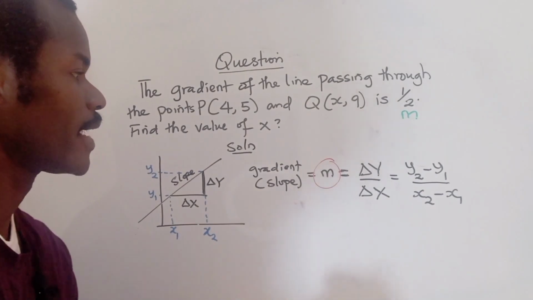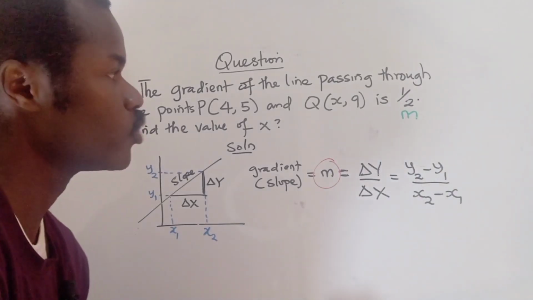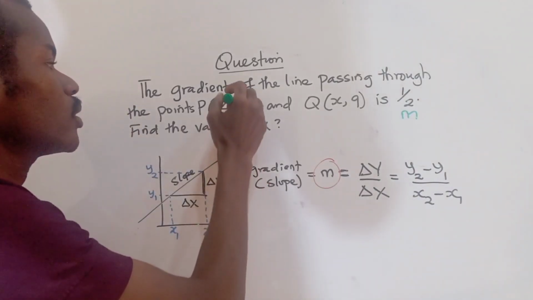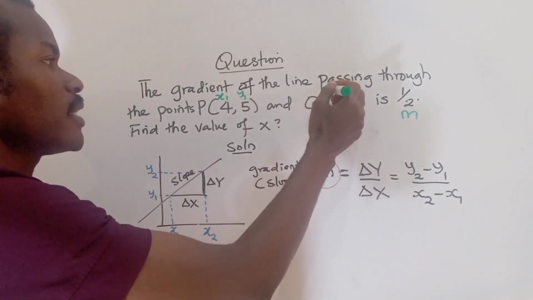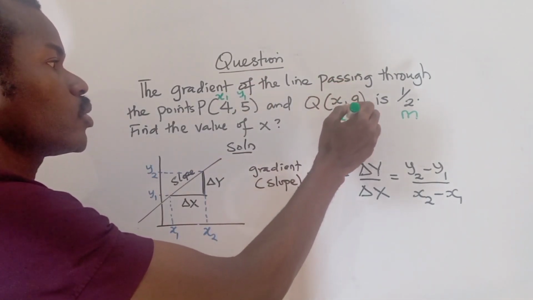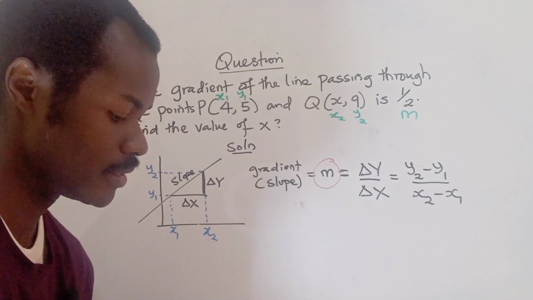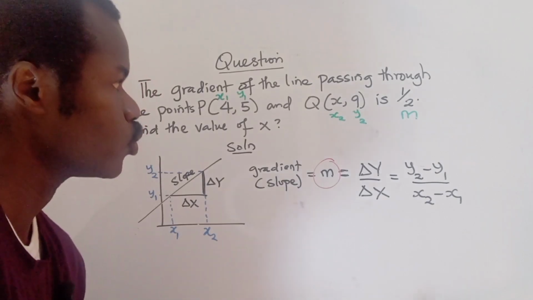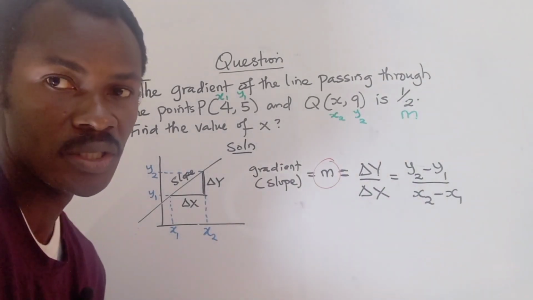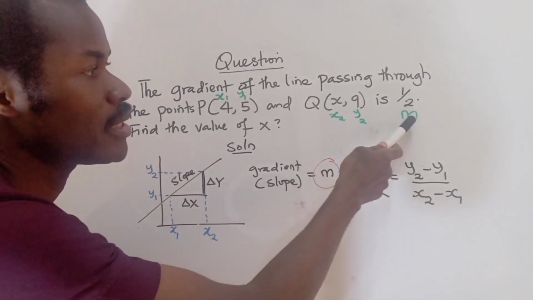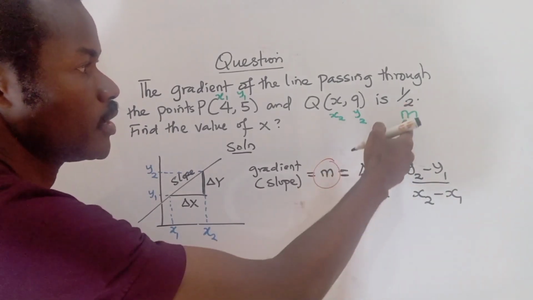Now let's identify y2, y1, x2 and x1 from the question. We come to the question and indicate this is x1, this is y1, this is our x2, and this is y2. Now we pick these points and substitute into the equation, remembering that our m, the gradient slope, is given as a half.